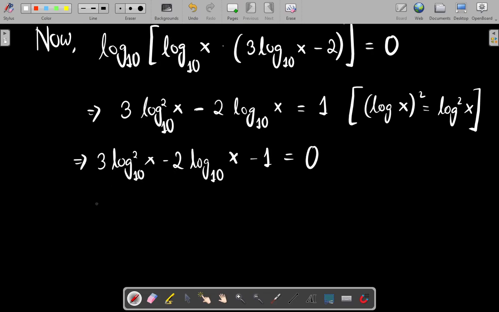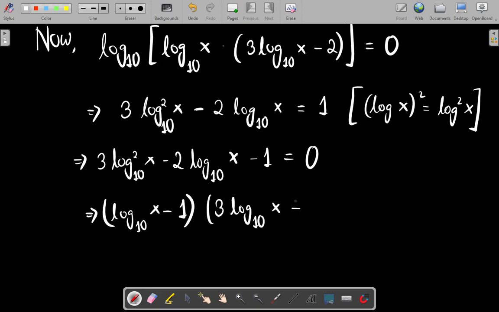So this can be factorized as log x minus 1 times 3 log x base 10 plus 1. This becomes 3 log square x plus log x minus 3 log x, so minus 2 log x, and the product is minus 1.